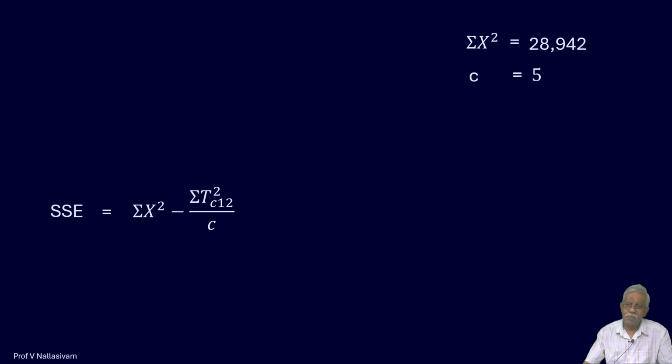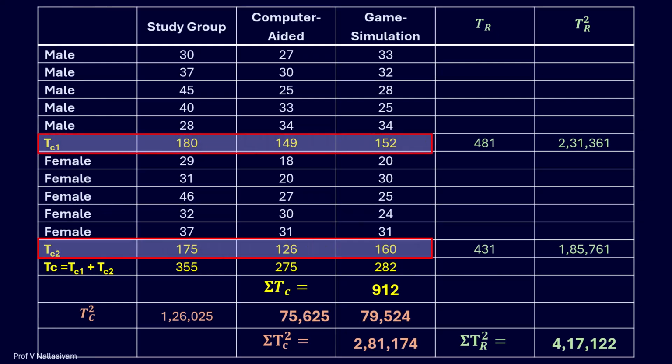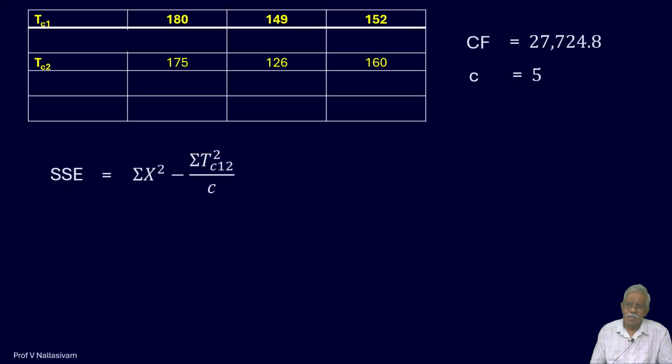We have the value of small c also, it is 5. But we have to find the value for the term sigma T C1 C2 square. For this, we have to square the subcolumn total values, that is TC1 and TC2 square. For want of space, let us create a new table with the values of TC1 and TC2. Square the values now.